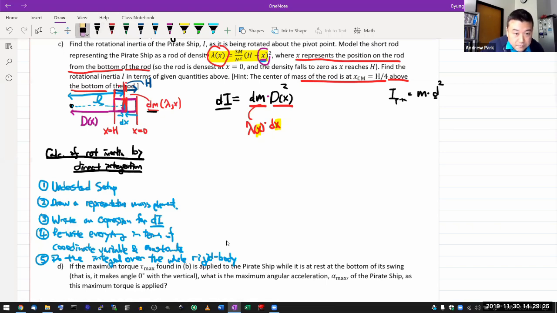That's how it was described in the previous page. Then this distance here, I'm told in the hint, is h/4. So these are a few points where you can check the expression that I'm going to be writing down.